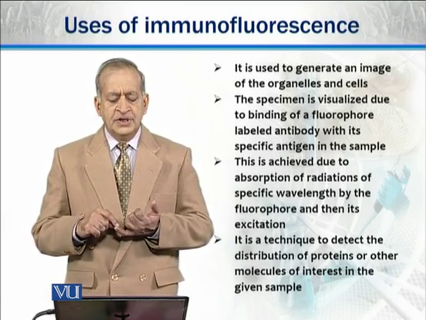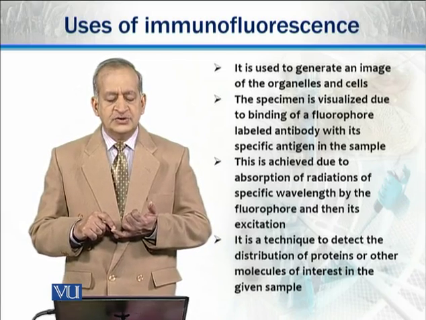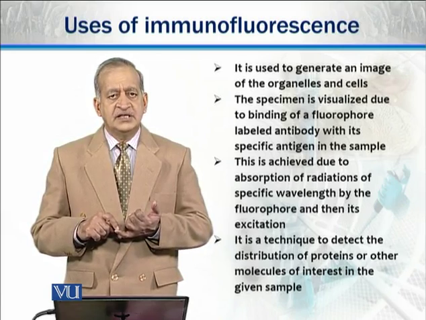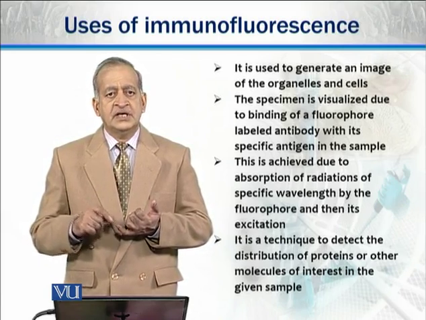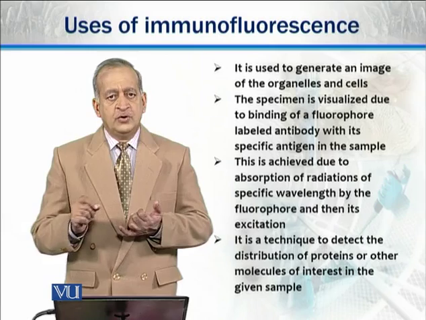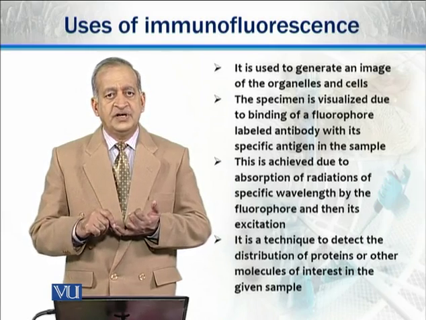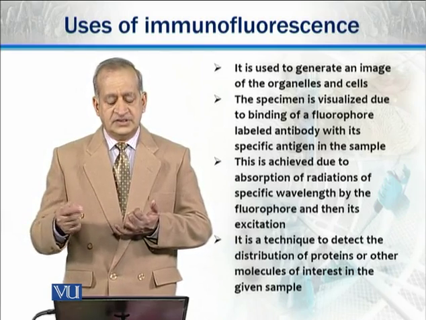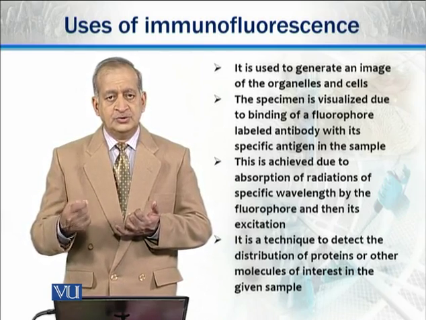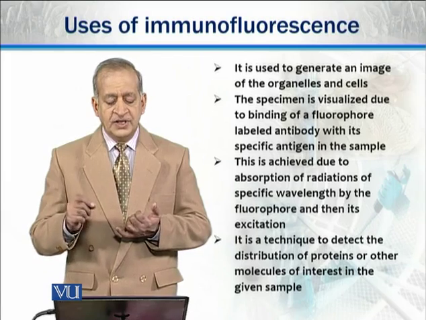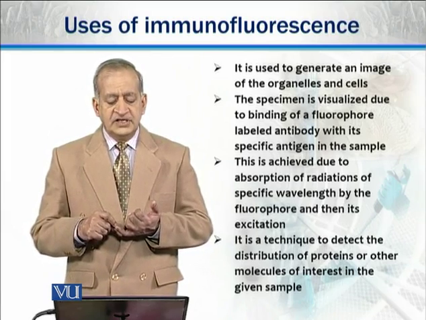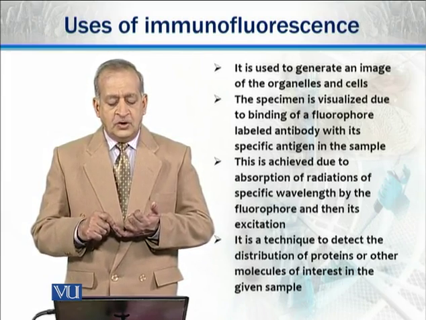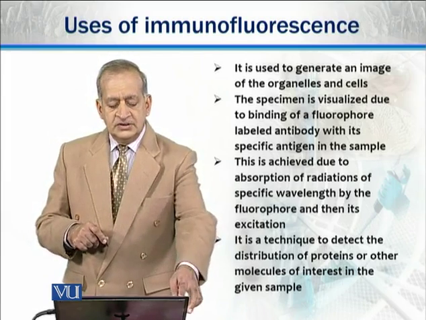And this is achieved due to absorption of radiations of specific wavelength by the fluorophore and then its excitation. We have already discussed that when a particular fluorophore is used, it absorbs specific radiations, then it gets excited and energy is released that is used to see that particular antigen. It's a technique to detect the distribution of proteins or other molecules of interest in the given sample.